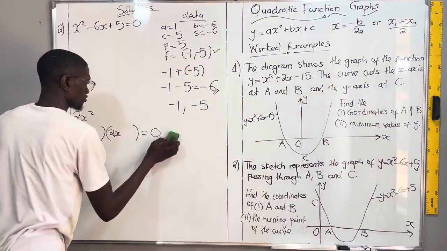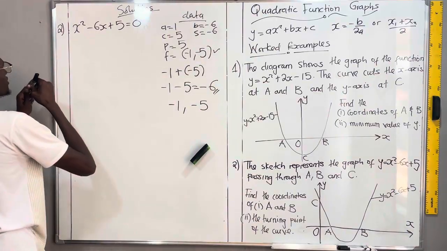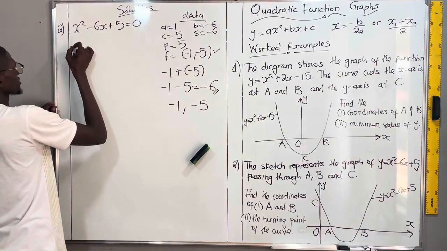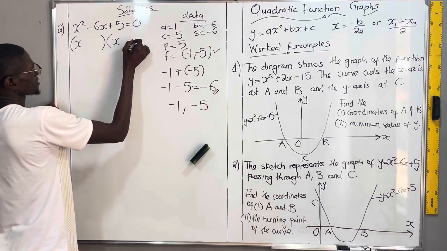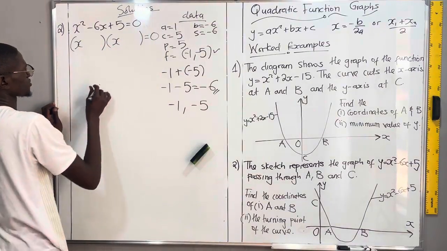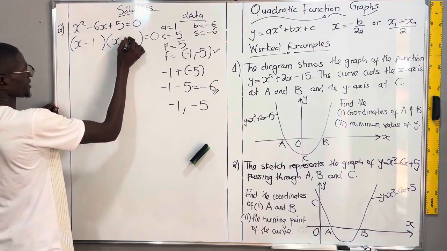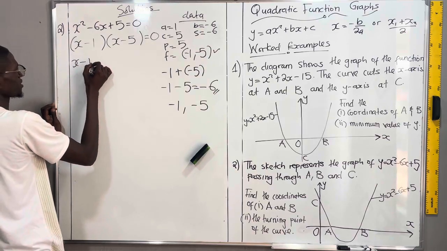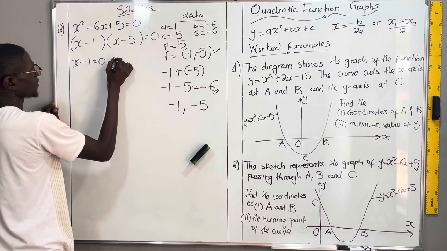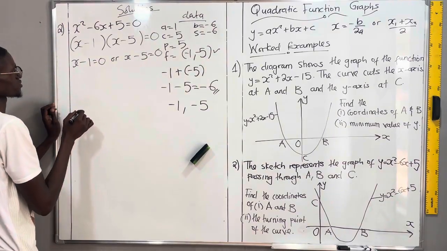All right. So we'll come back to our original equation. There we just have an x, so we're going to just put an x in this one. In the other one, we put an x, and then we equate to 0. So these are our factors. We're going to say minus 1, minus 5, and then we solve for x. So x minus 1 is equal to 0, or x minus 5 is equal to 0.